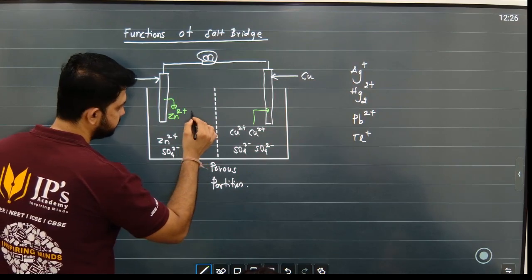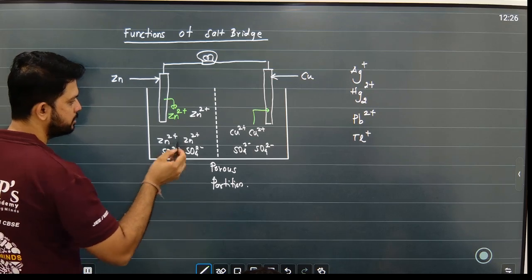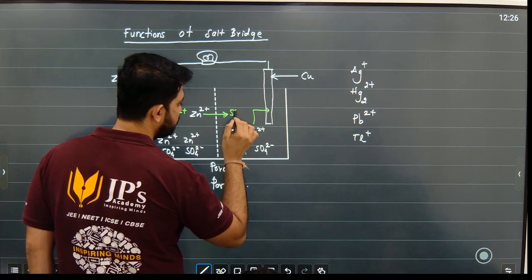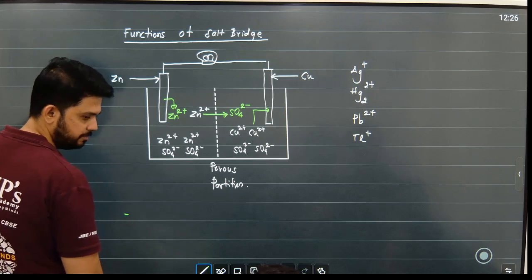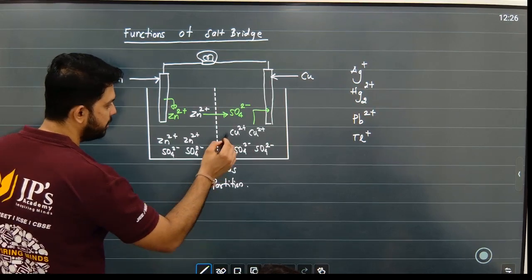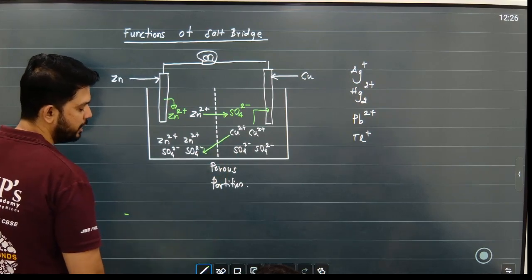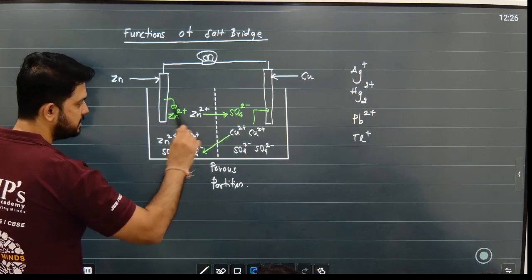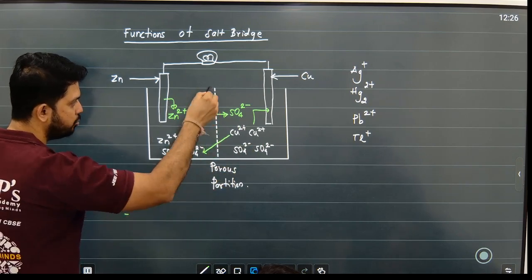Yes or no? But then what starts happening? Because of the porous partition, there is a chance that zinc ions will start getting attracted towards the SO4 ions present here, and copper ions towards the SO4 ions present here, and hence these ions start flowing through the porous partition.